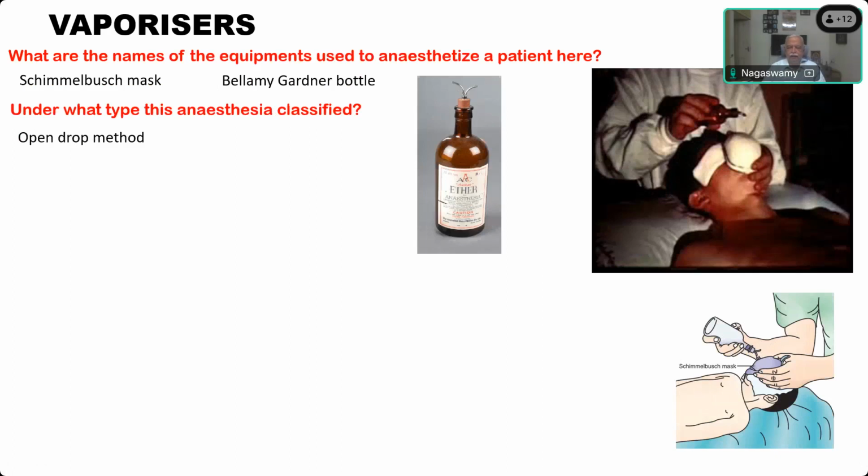The patient is getting anesthetized by inhaling atmospheric air mixed with the ether that we are pouring on the face or on the Schimmelbusch mask, where it gets vaporized. So the air-ether mixture is being inhaled by the patient, which makes him unconscious or takes him to the surgical plane of anesthesia. So the patient breathes from the atmosphere, and where does he breathe out?